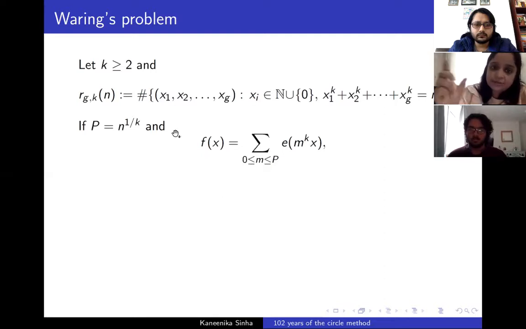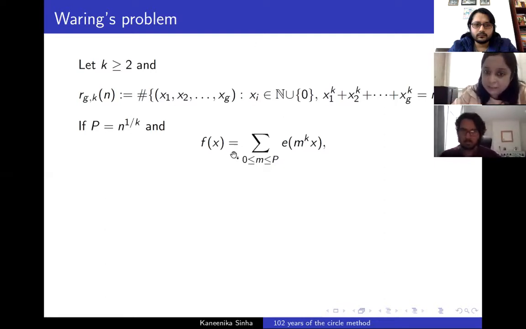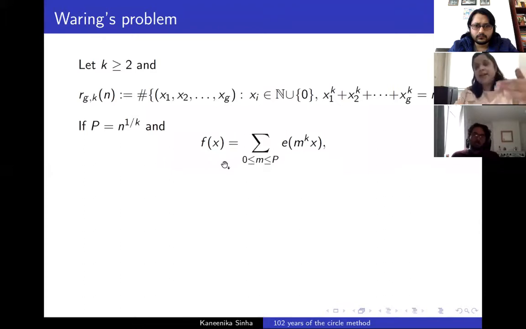And so just as we had an exponential sum involving primes, now we have an exponential sum involving kth powers, e of m to the k times x, where m runs over all the numbers starting at 0, since now we have this at most issue, going all the way till n to the 1 by k.